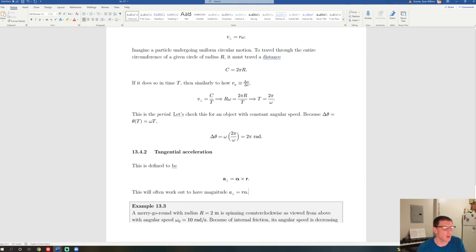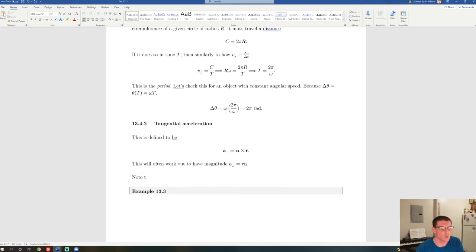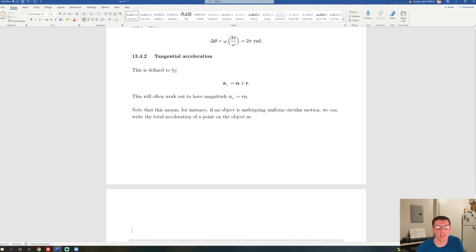And so what I want to say, before we do any examples, is that we can note that this means, for instance, if an object is undergoing uniform circular motion, we can write the total acceleration of a point on the object as, and this doesn't have to apply just to uniform circular motion, but I think that in practice, when we use this idea, it will be for cases that involve uniform circular motion.